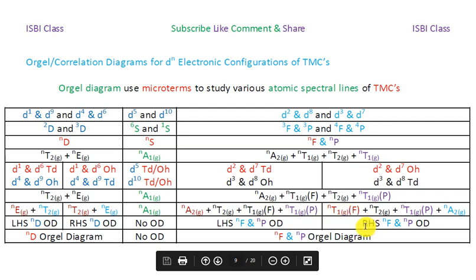For the right hand side of the nF and nP Orgel diagram, nT1(g) arising from the F term is the lowest energy, after that nT2(g), after that nT1(g) arising from the P term, and the highest energy microterm is nA2(g). This forms the right hand side of the nF and nP Orgel diagram. This is the nF and nP Orgel diagram.